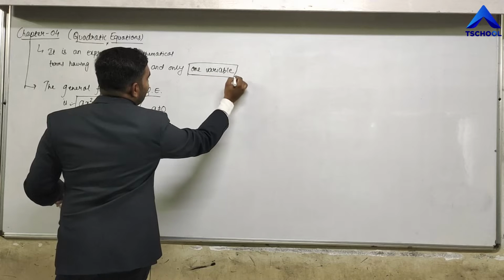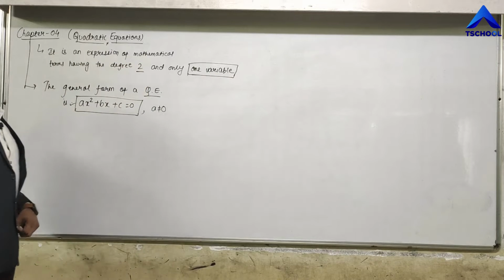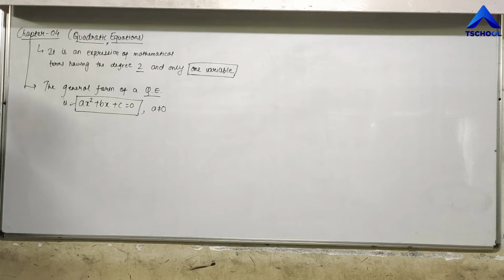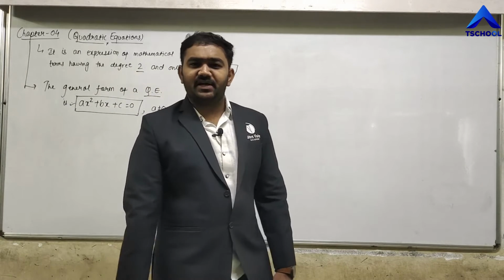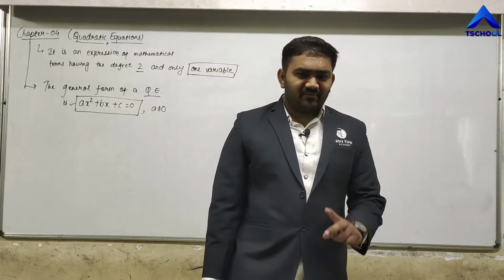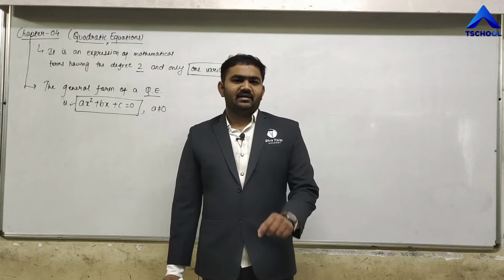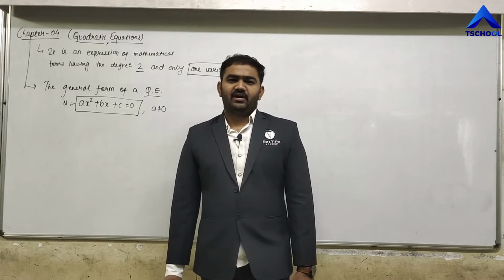So you might say that a quadratic equation will always have a single variable present in it. There will never be two variables present in a quadratic equation at the same time. If that happens, then that will no longer be a quadratic equation.